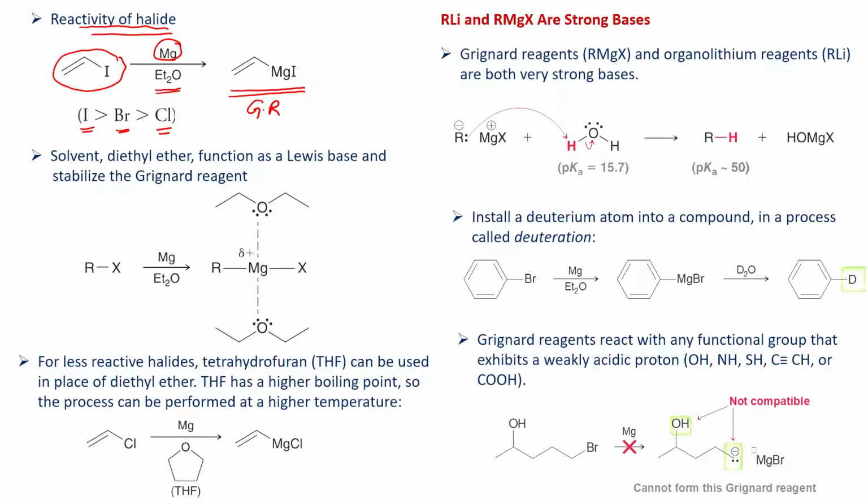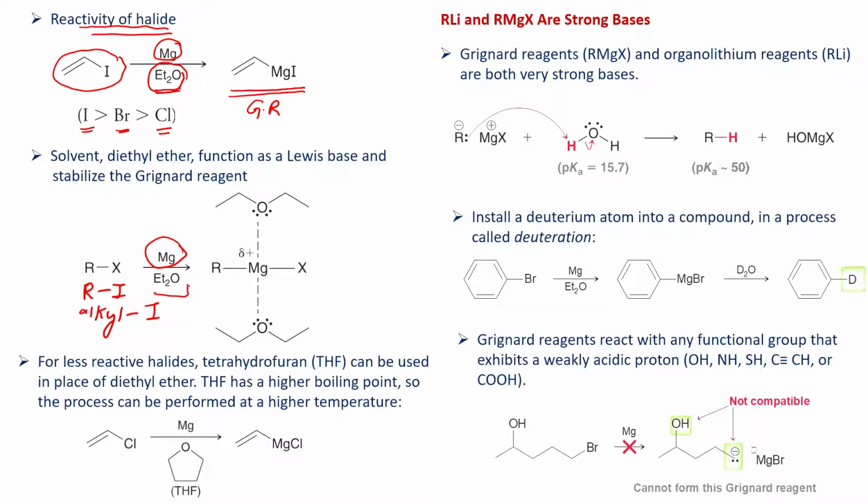So diethyl ether has its own role. And what is its role? So let's take an example when R is alkyl and halogen is iodine. When you treat with magnesium, this reaction happens very fast.